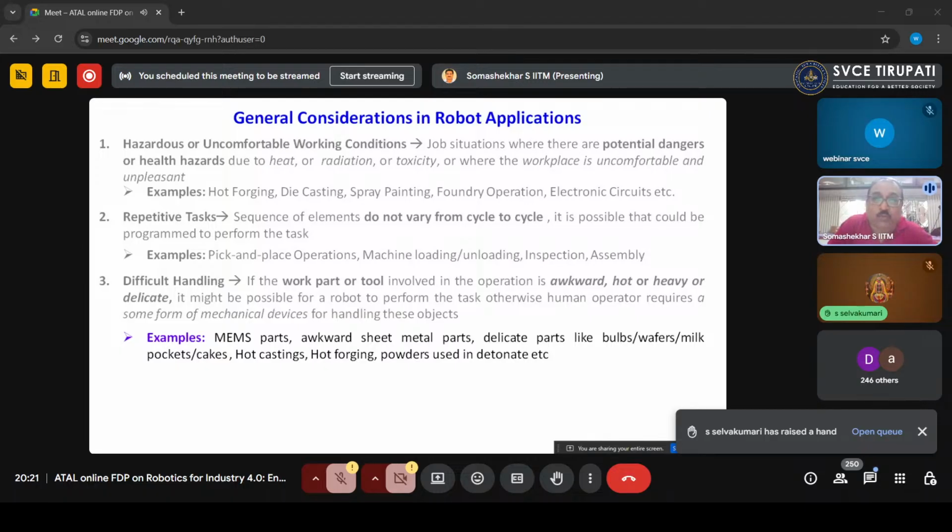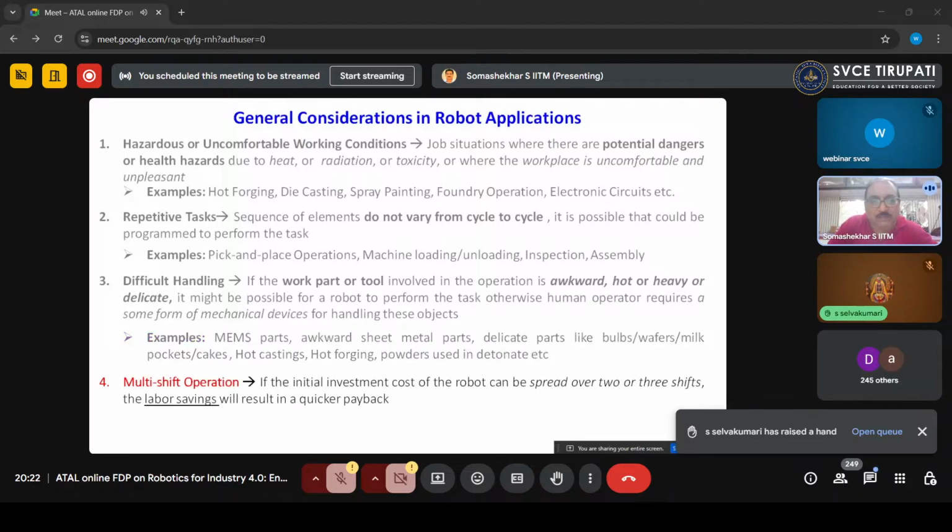This will call for different types of end effectors and different types of sensors. The sensor used in pick and place is entirely different from the sensors and actuators used for other applications. It is very, very important to select the proper sensors and actuators. Also, you will see multi-shift operation.